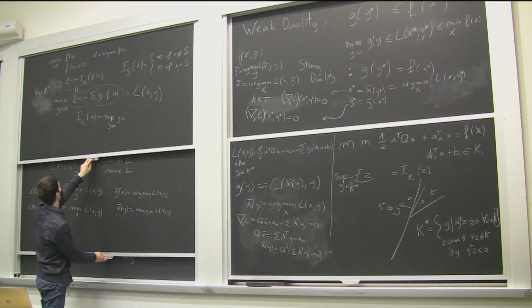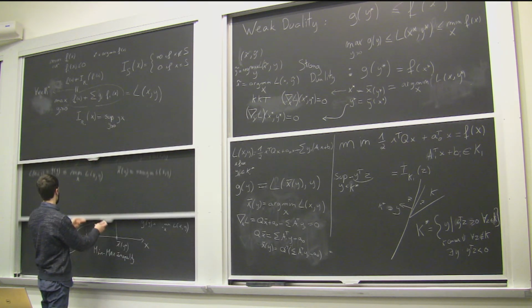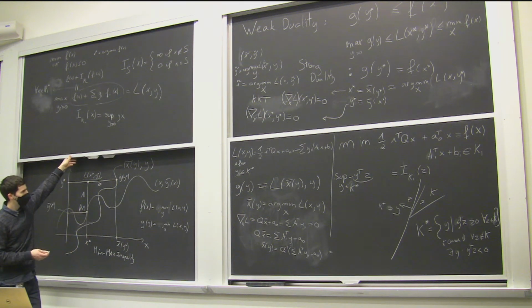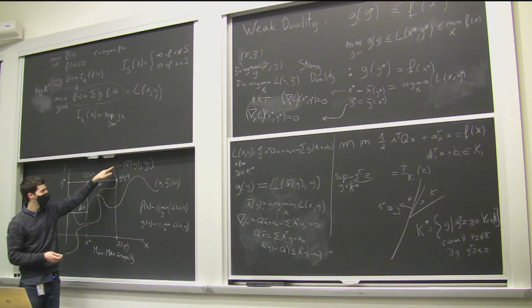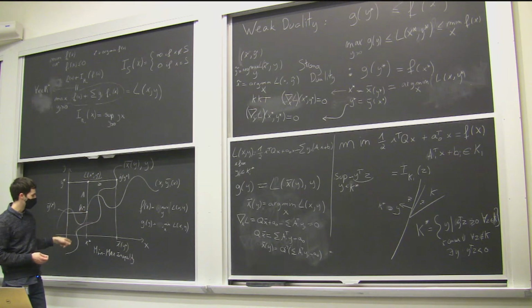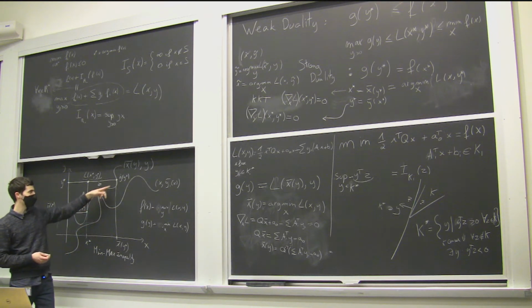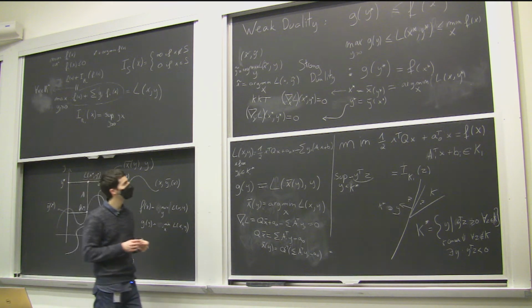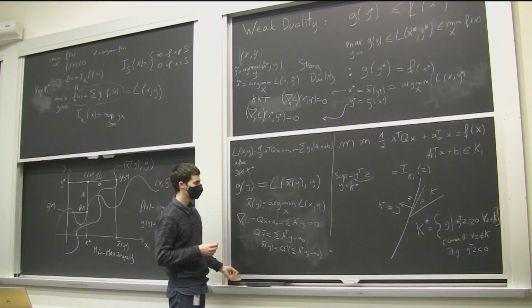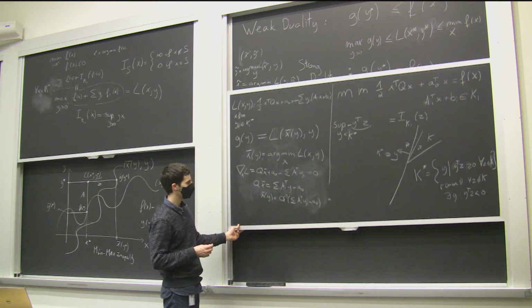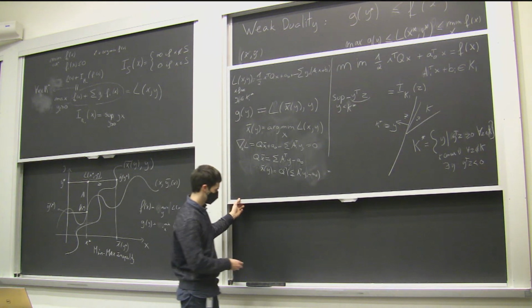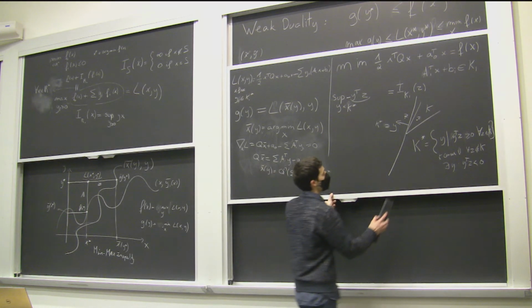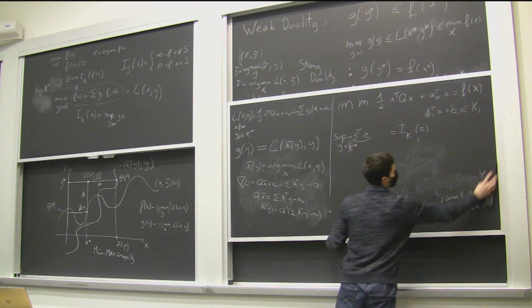And so you actually have this trajectory exactly. And so to find G, you just need to look at what's the value of L along this trajectory. So let's write it here.